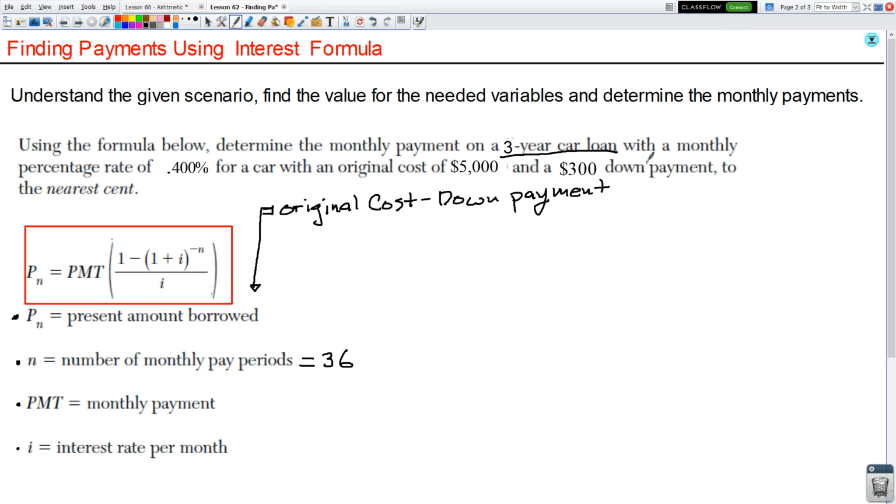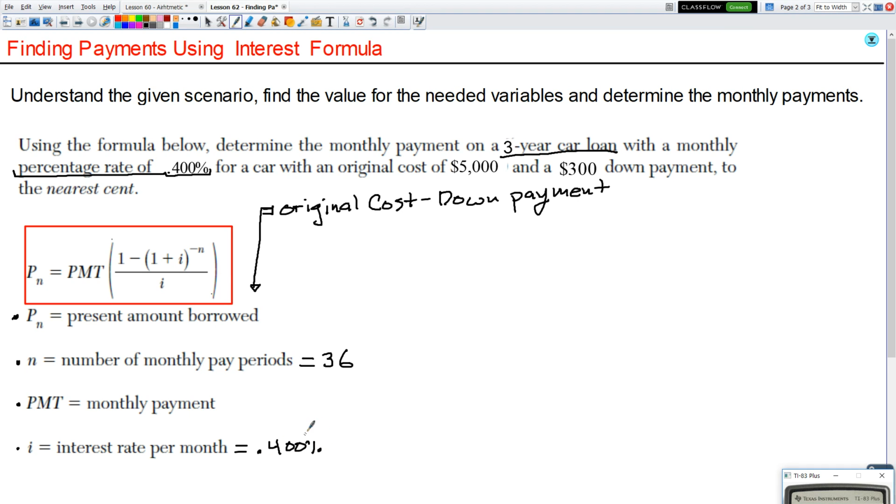If we continue reading, with a monthly percentage rate of 0.400%. So here, they're giving us the percent rate, and we can use that to give a value for I, which is the interest rate per month, which is equal to 0.400%. But remember that we don't use percentages in our equations.